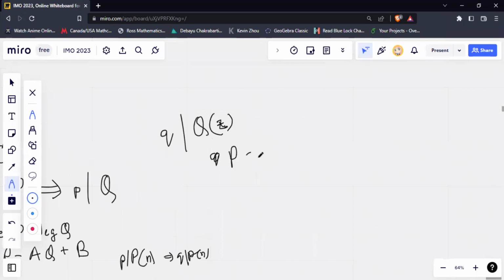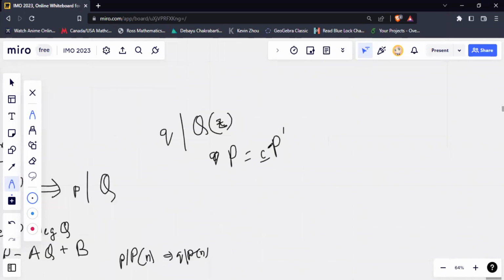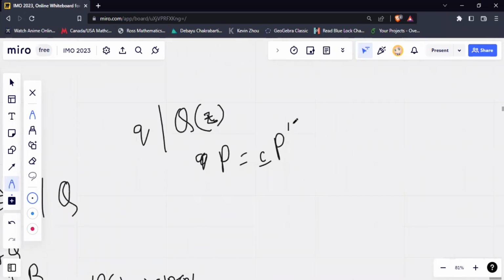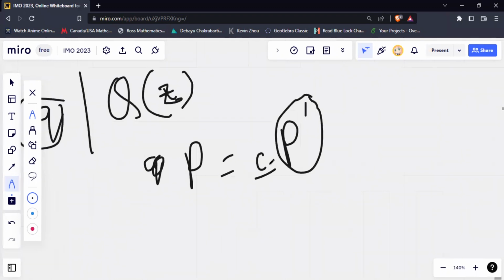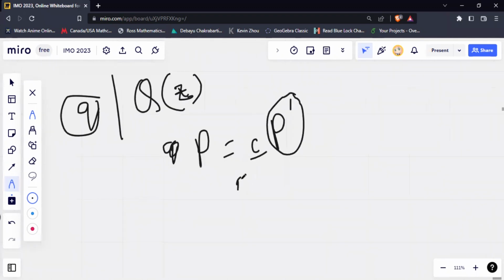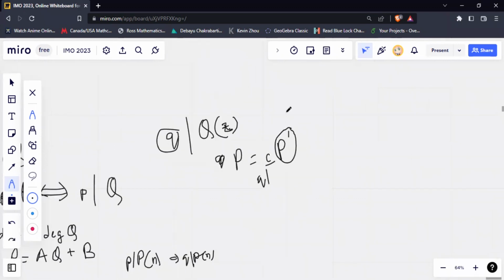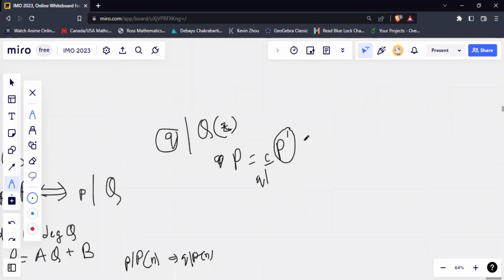If p is of the form c times p dash for some leading coefficient c, then p dash might just not output q every time. It might never output a number that is divisible by this prime, and it might just happen that q divides c, and that assists it to satisfy the condition.